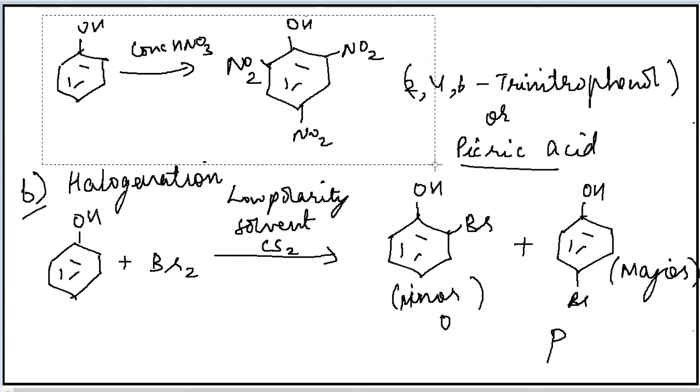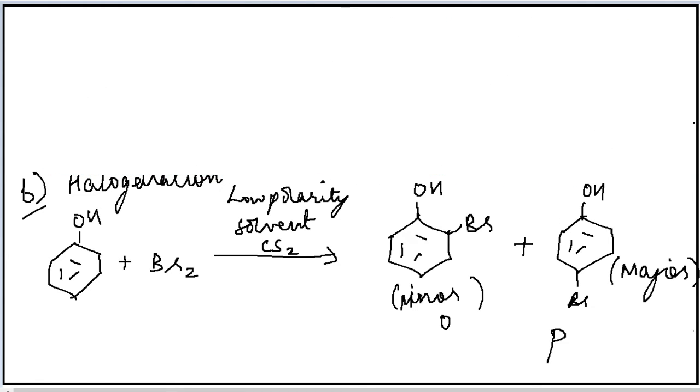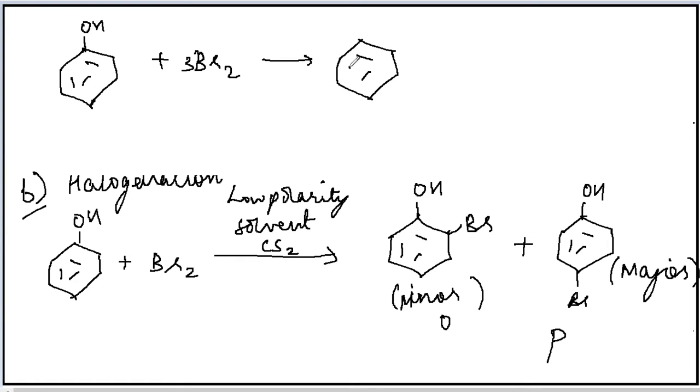In case the phenol undergoes reaction with bromine water, okay, so when phenol undergoes reaction with bromine water, then it will give you 2,4,6-tribromophenol.